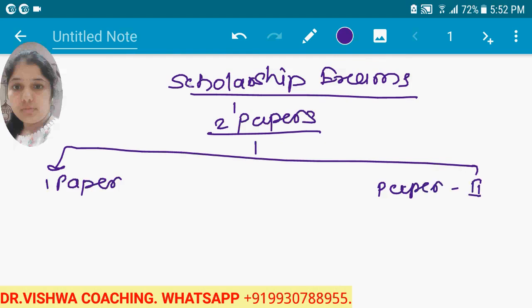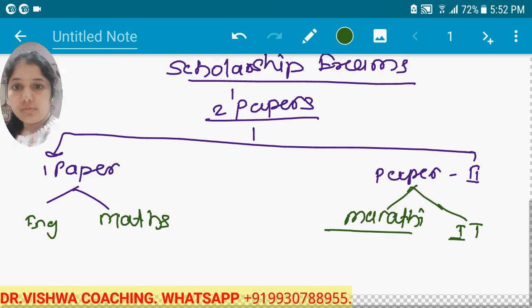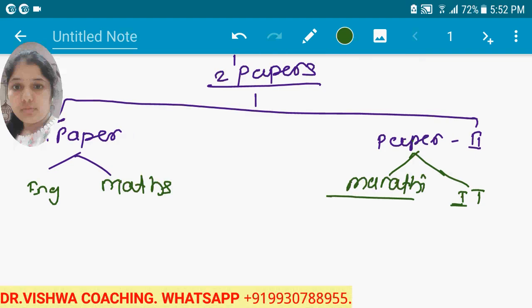In the first paper there are two subjects, English and Maths, and in the second paper there are two subjects: Marathi language, or if you are in another state then Hindi language, and IT, that is intelligent test, or you can say applied mathematics or applied knowledge, where you have to use your logical thinking. This subject is known as intelligent test or IQ test, and the intelligent quotient topic, that is IT.